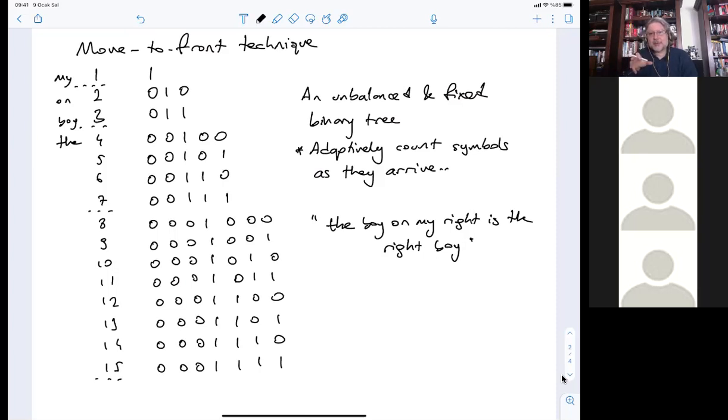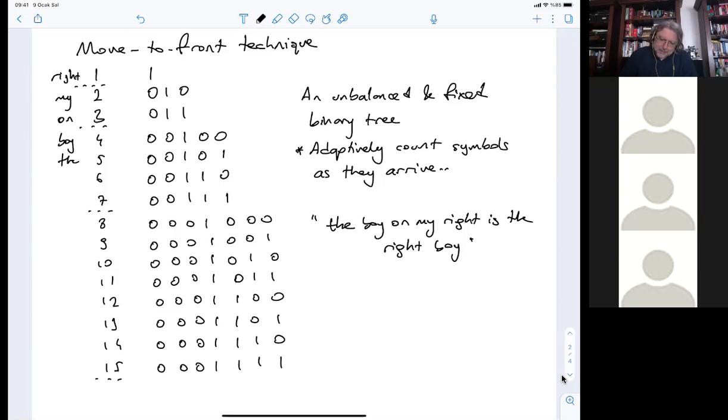The others are pushed down. Then "my" comes, a new symbol. My is inserted at the top. The others are pushed downwards. And then comes "right." So these are all pushed downwards. And right comes here: right, my, on, boy, the.